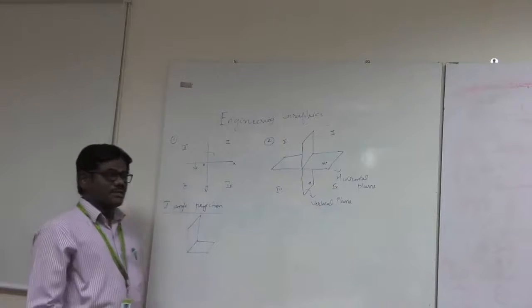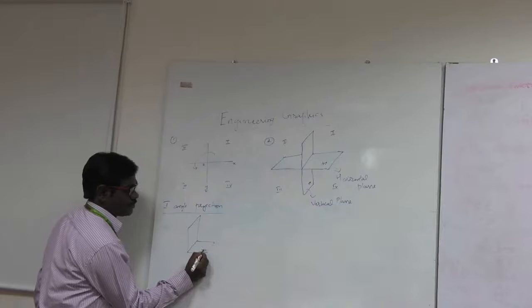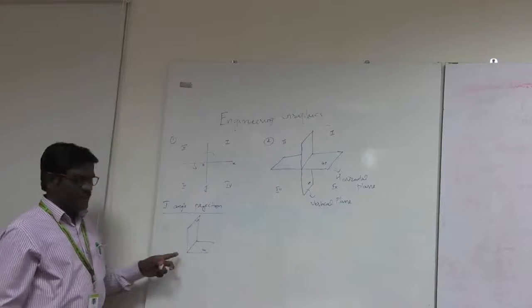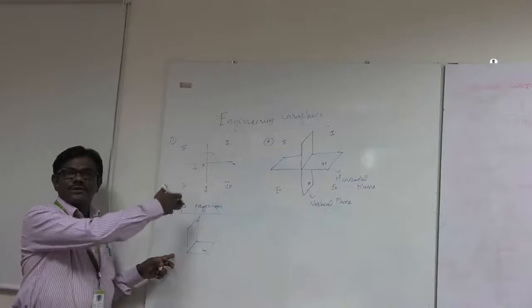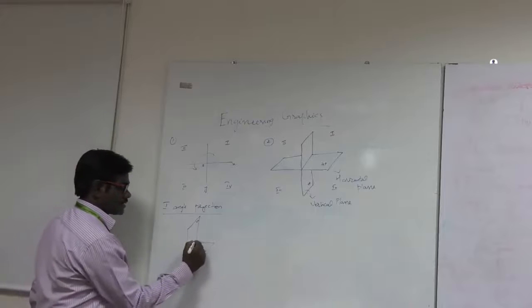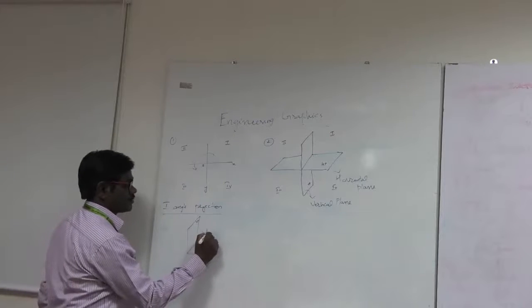Now I have the HP here and VP here. This is origin. From the origin, there is one line going like a folding. This is called reference axis.